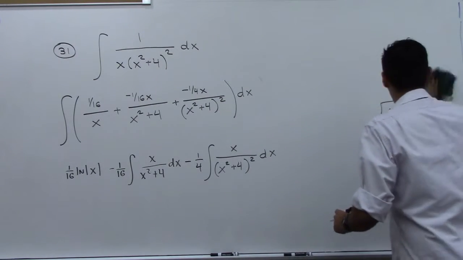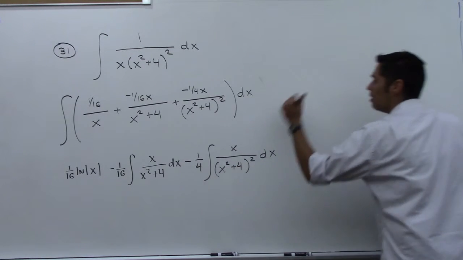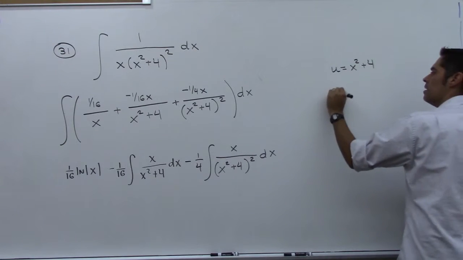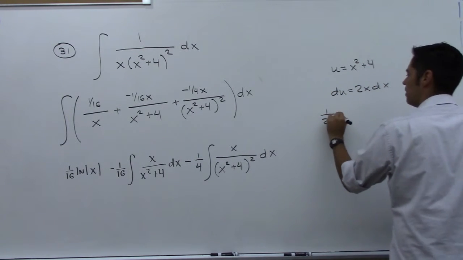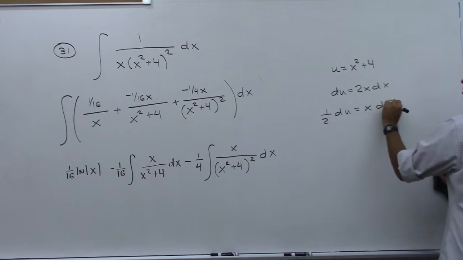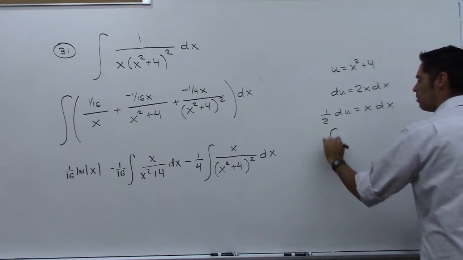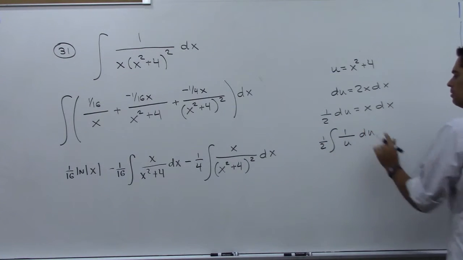So let me just work those last two integrals out. They use the same exact substitution for both of these. So u is equal to x squared plus 4. Du is 2x dx. That means 1/2 du is x dx. And so this first integral will be integral 1/2 1 over u du.